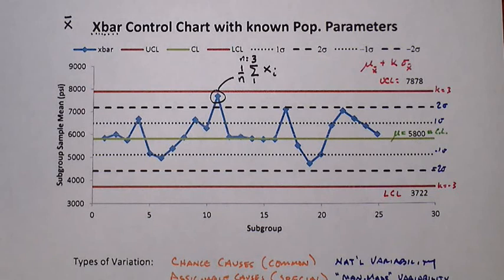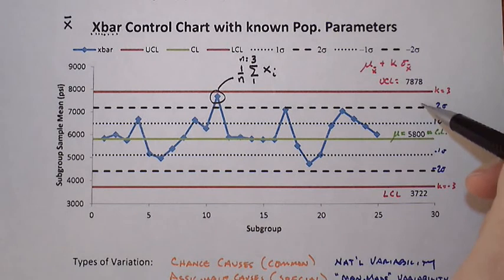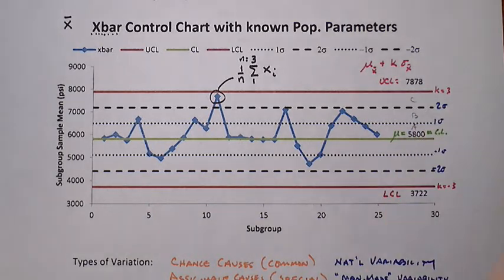So if one point plots outside the 3 sigma control limits, we're statistically out of control. The second rule is if we have 2 out of 3 consecutive points plot beyond a 2 sigma limit, so we're in this outer zone. Some people call these zones A, B, and C, so this would be zone A that we'd be talking about. So I'll write that down, A, B, and C. If we have 2 out of 3, well, we don't have that.